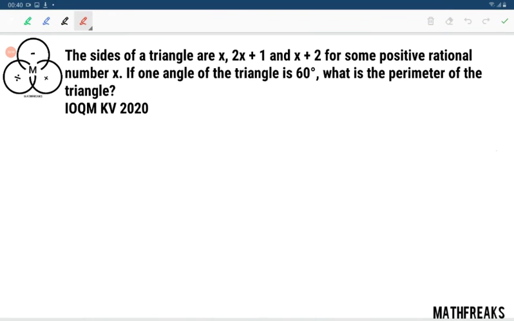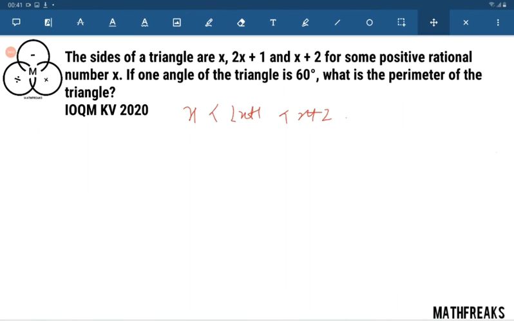Now x is a positive rational number, which indicates that x, 2x plus 1, x plus 2 are the sides, then only the triangle will exist. And the triangle is non-equilateral also.